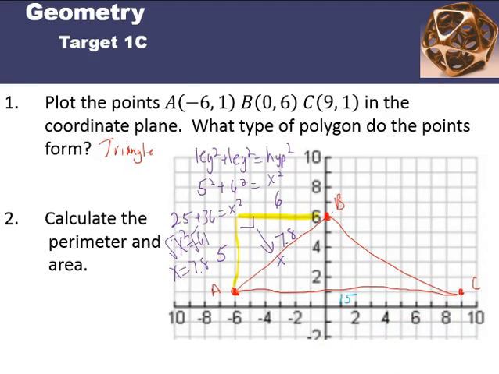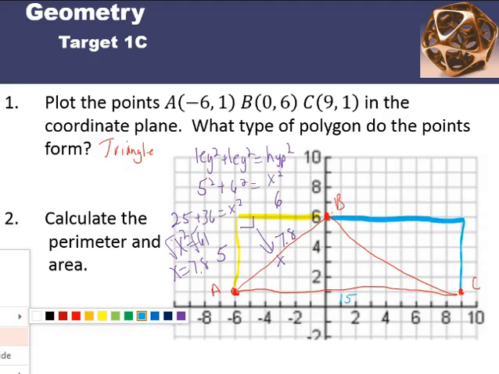Okay, now I have to do the other side. And for this, to get from B to C, I'm going to go over and down. And it looks like I'm going to go down 5.